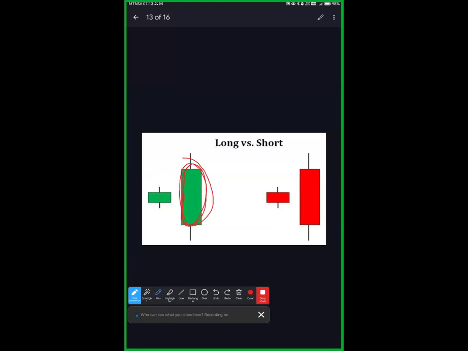My apologies. Okay, long-bodied candlesticks represent strong pressure. The pressure can be a buying pressure or a selling pressure, but what should come to your mind is that the long-bodied candlestick represents strong pressure.